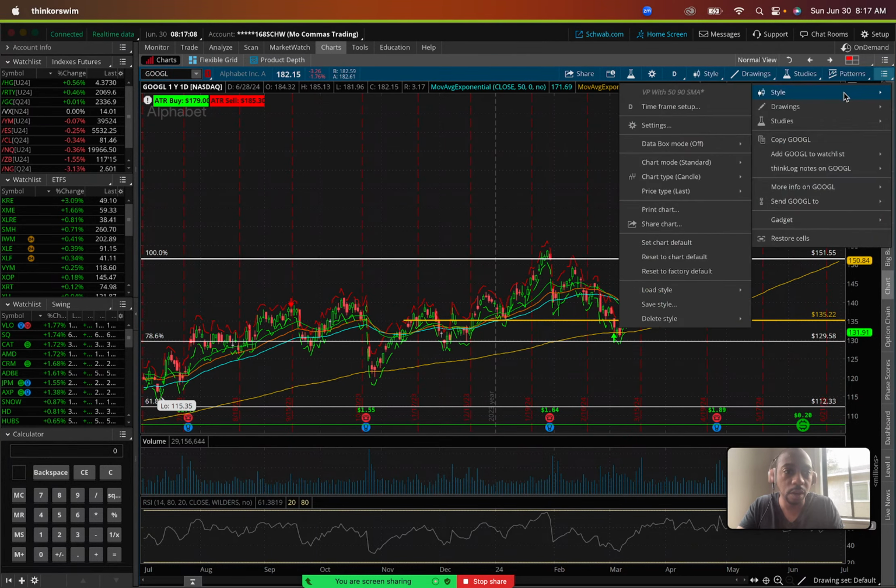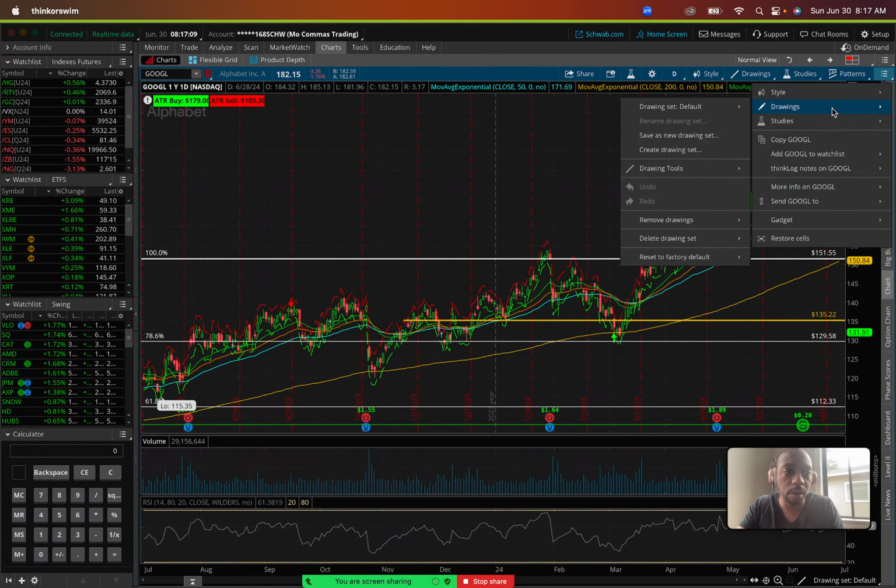Let me get a new chart. Here's Google's chart currently. Google this week hit another all-time high. For me, Google is a tech stock. I don't think anyone can argue that Google isn't a tech stock.